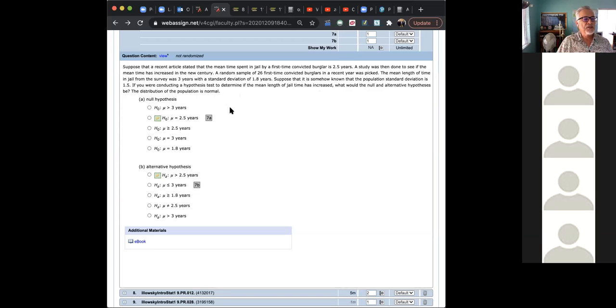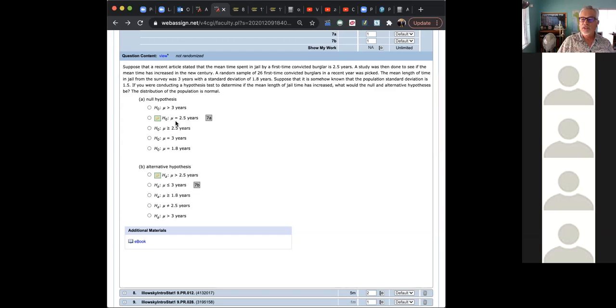So in this case, our null hypothesis is based on historical data, and let's say this article states that it was 2.5 years. Okay, sorry. So our alternative hypothesis is that mu is 2.5.